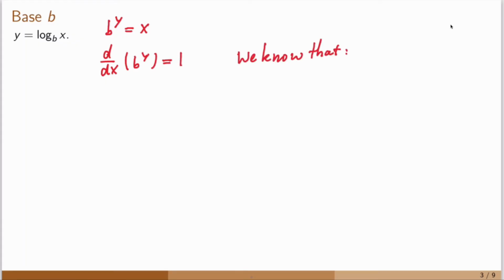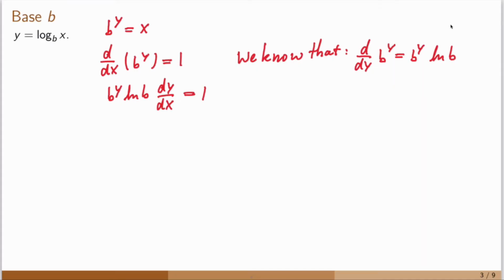Now I need to use a formula which we have derived earlier: d by dy of b to the y equals b to the y ln b, with the natural logarithm. So the left-hand side becomes b to the y ln b times the inner derivative, dy by dx, and the 1 is unchanged.